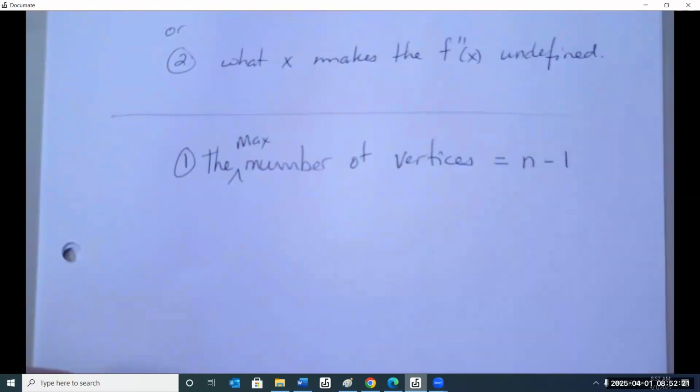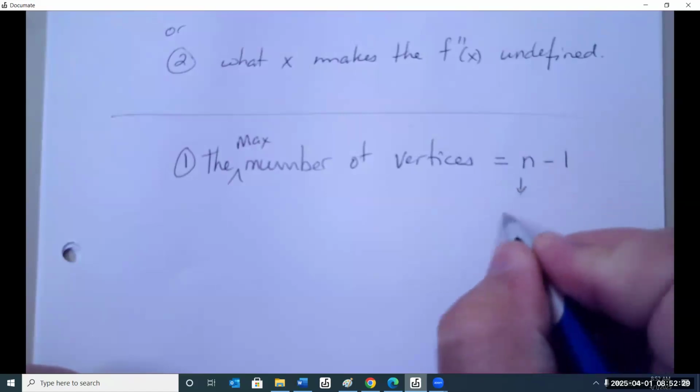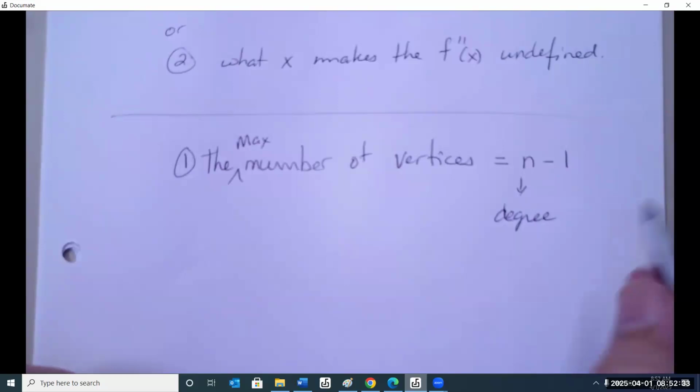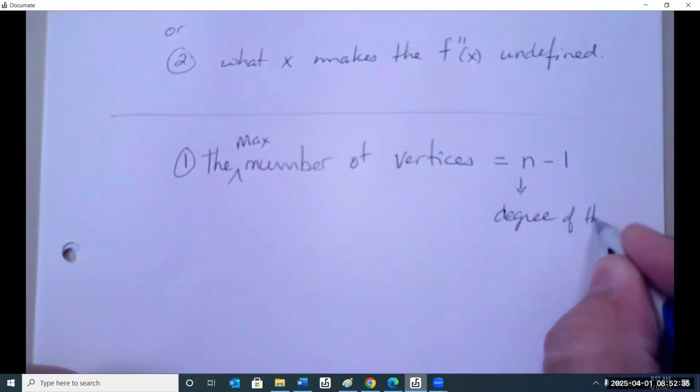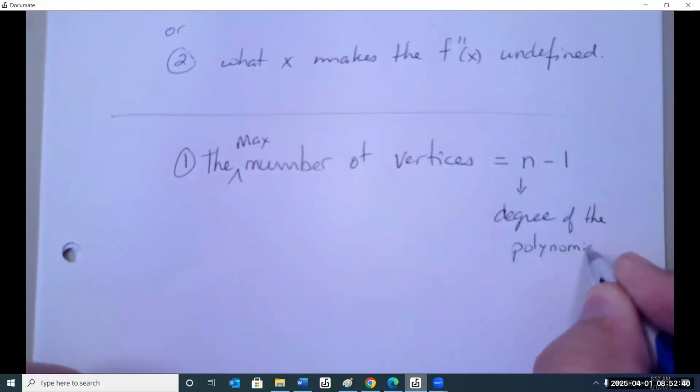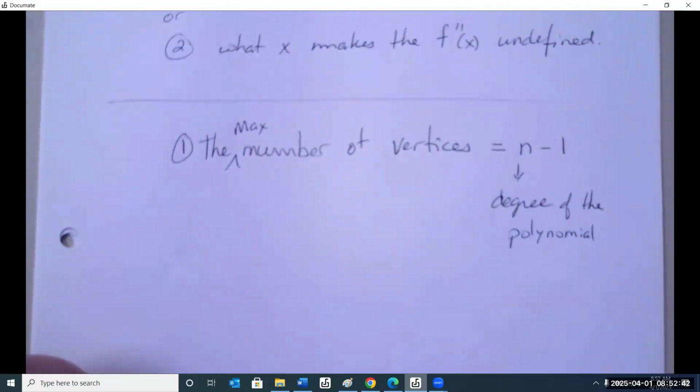N minus 1, where n is the degree of the polynomial. The degree is the highest exponent. So n minus 1 is the number of vertices you'll have.